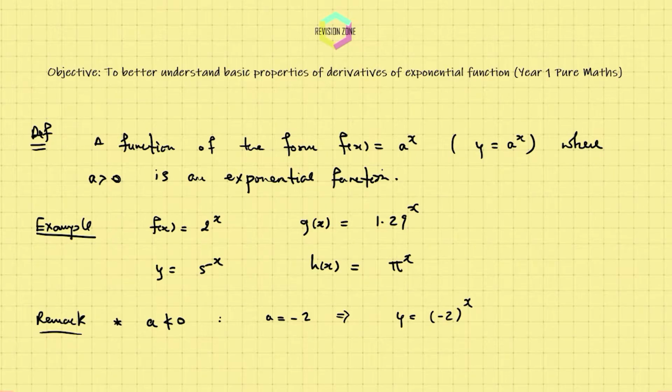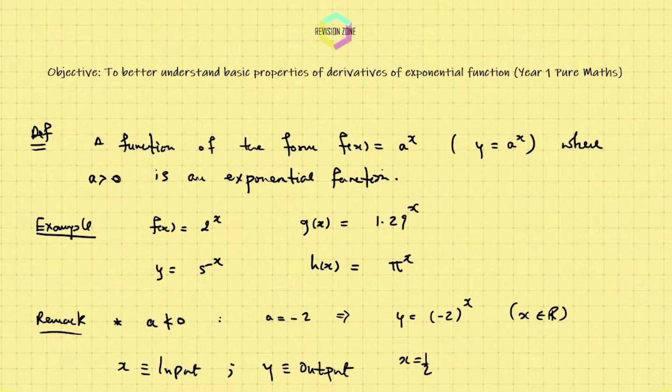But because x can be any real number, because we have a function where x is our input and y is our output, we can take any real numbers as inputs, but then we run into problems. If I take x equals a half, for example, then minus 2 to the power of a half is taking the square root of negative 2, which is not defined in the case of reals, right?